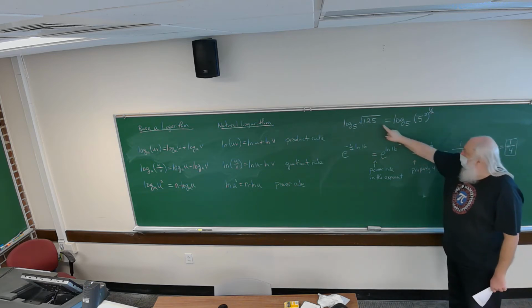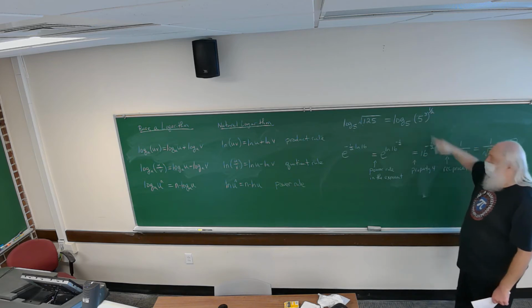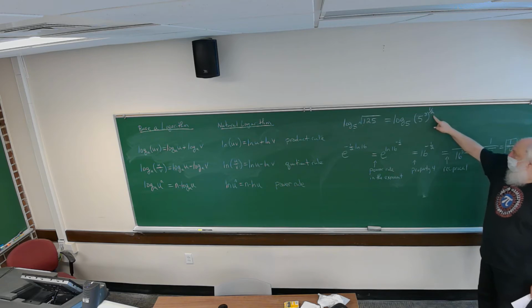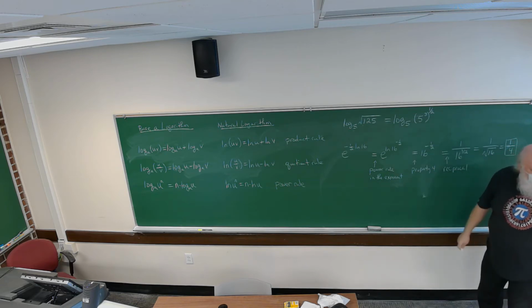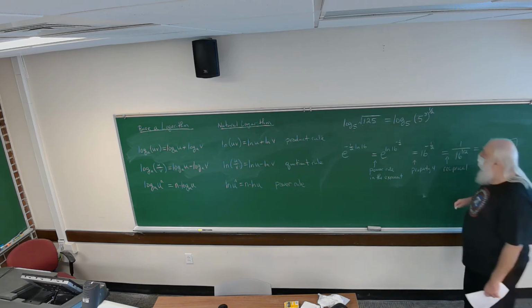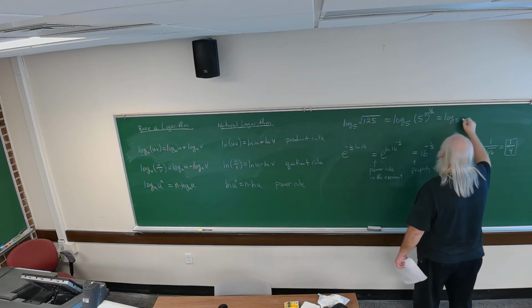So we replace 125 with 5 cubed, and the square root with the 1/2 power. Now 5 cubed raised to the 1/2 power simplifies to 5 raised to what? 3/2, right? You multiply the exponents. So this is equal to log base 5 of 5 raised to the 3/2 power.